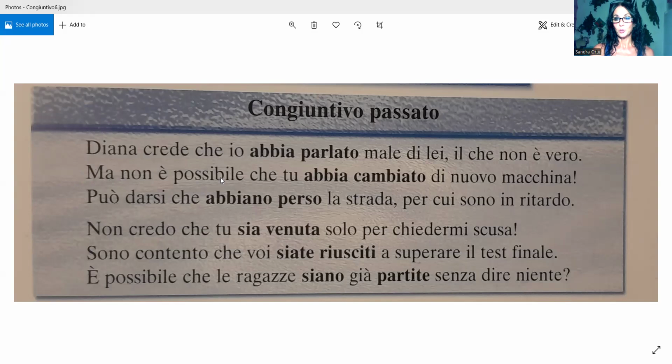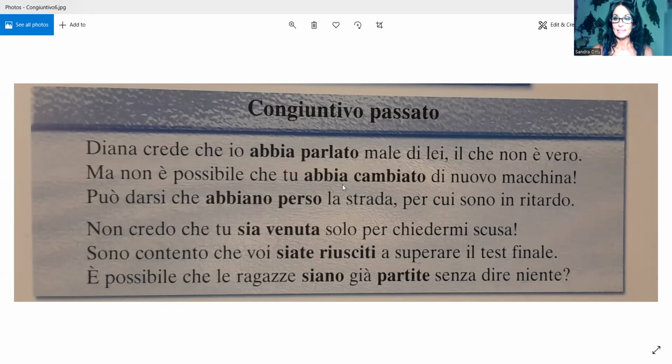Here we have congiuntivo because we have an impersonal expression, which is è possibile, more specifically non è possibile. It is followed by congiuntivo passato because it is not possible that you have done something in the past. In particular, you have changed car again. So we have abbia again.